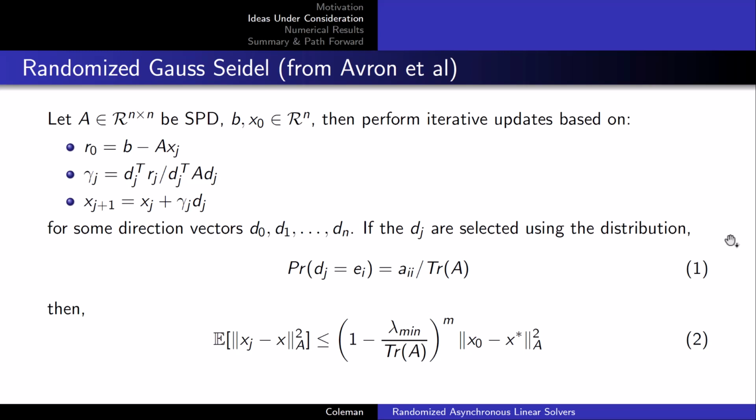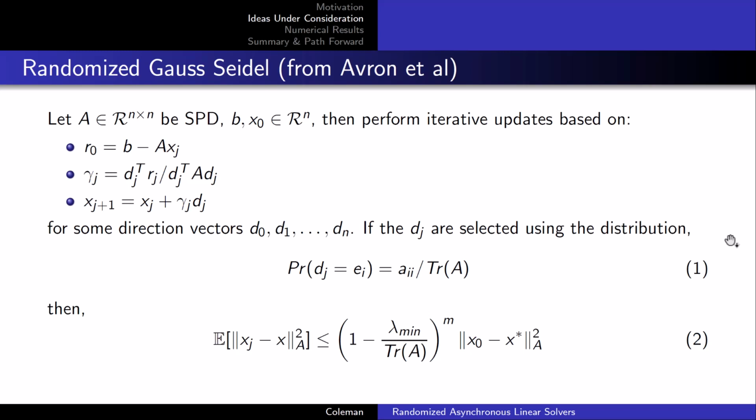And if we do that, this result, which is taken from the Avron paper, but there are similar results in all of the papers, in fact they might all have the same result, is that the expectation in the A norm of how far away my current iterate is from my final solution, so how much error is left, is some multiple of my initial error.